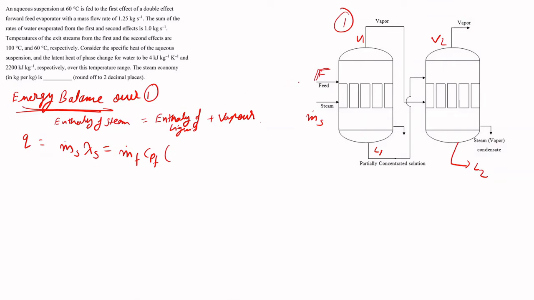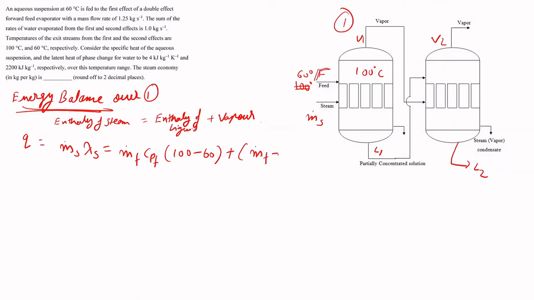The inlet temperature was, no, the inlet temperature was 60 degrees Celsius, and in the first effect we had 100 degrees Celsius. So the enthalpy across here was 100 minus 60, plus we have to write the enthalpy of vapor. So the vapor that will be generated is V1.